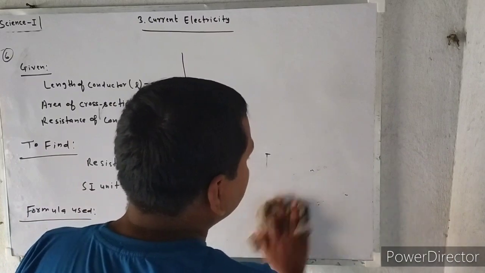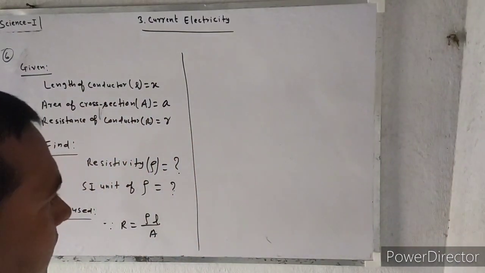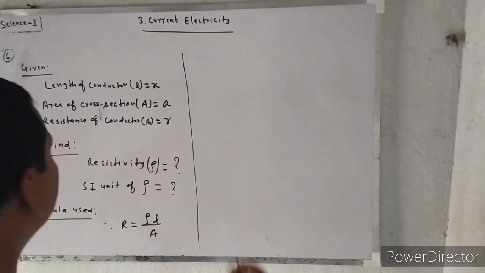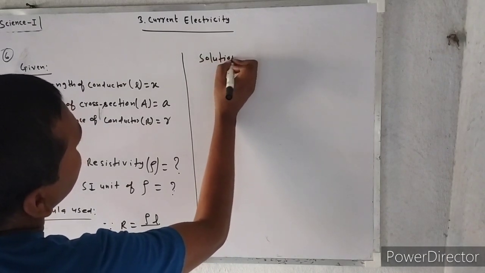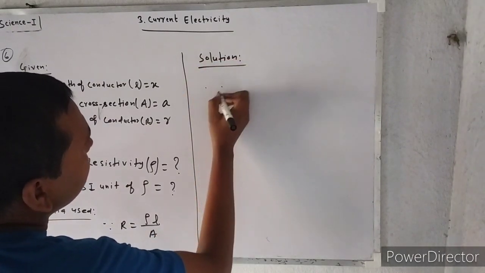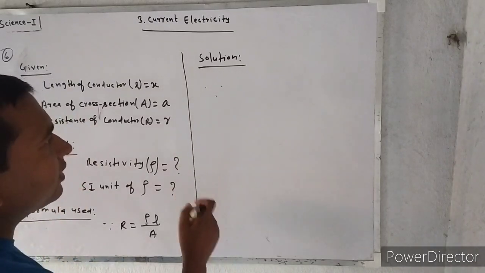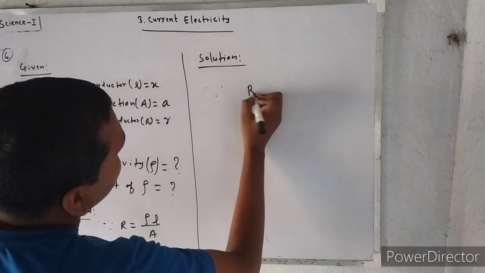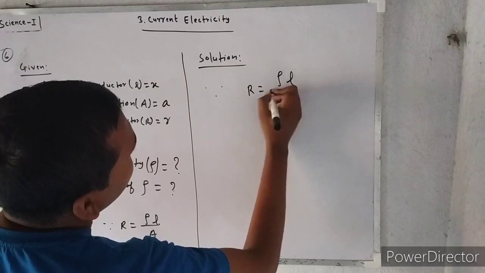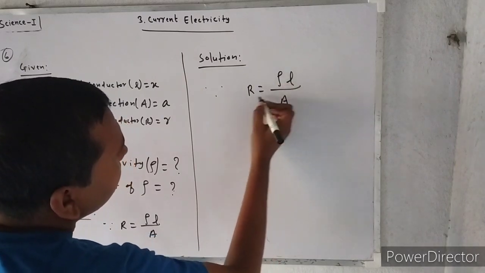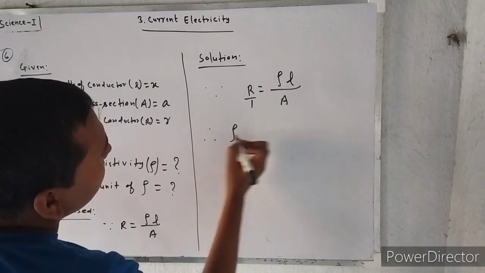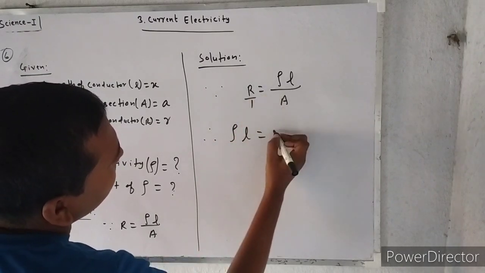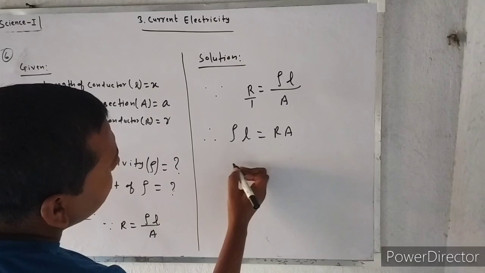Now solution. Since R is equal to rho L upon A, here is 1, so rho L into 1, therefore rho L is equal to R into A, RA.